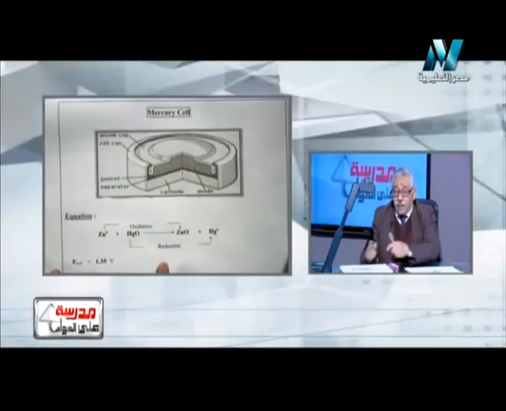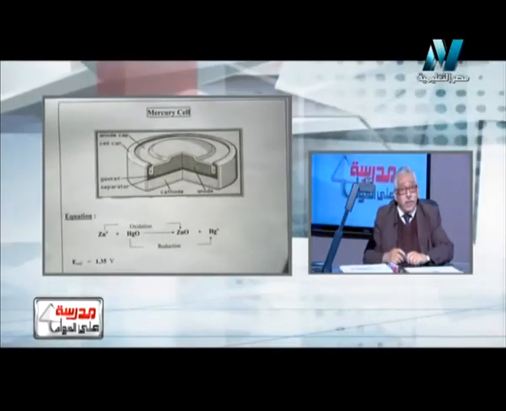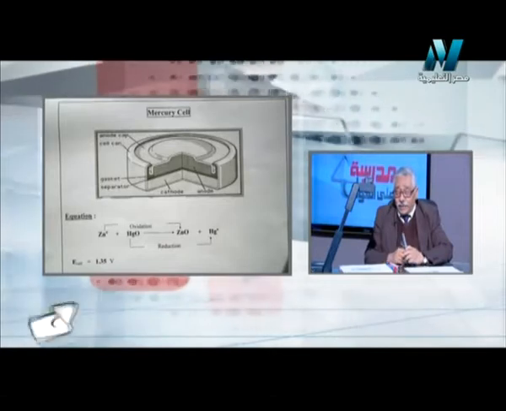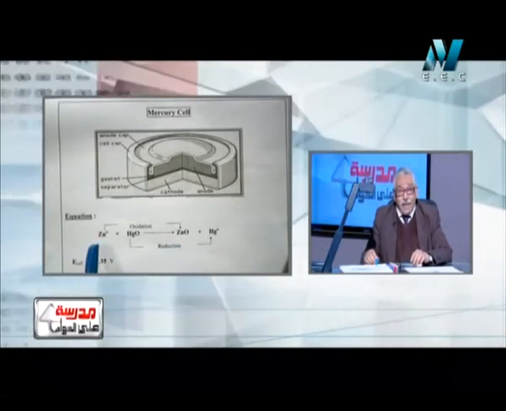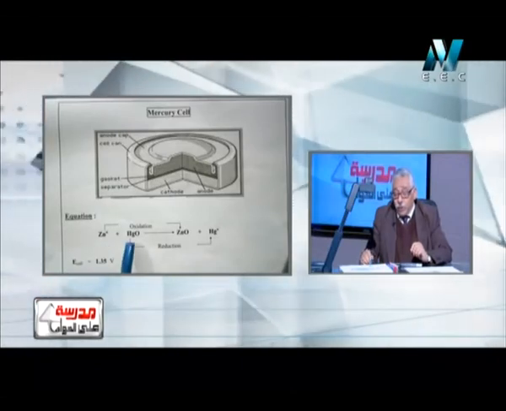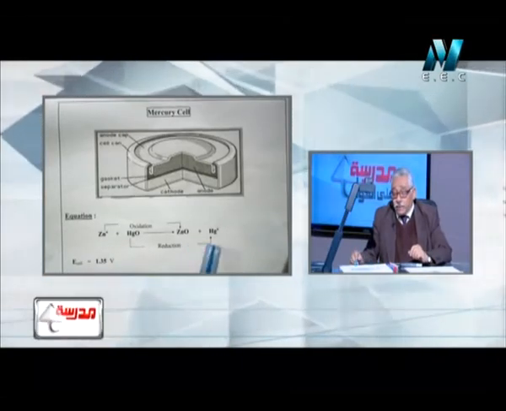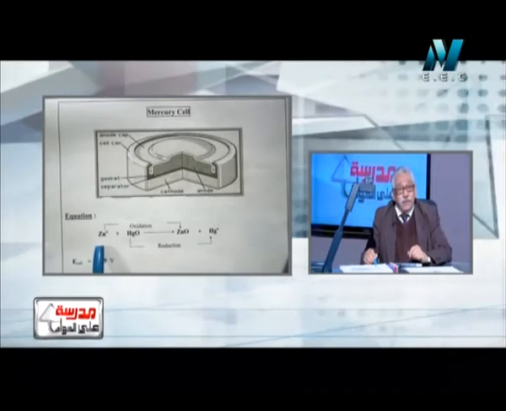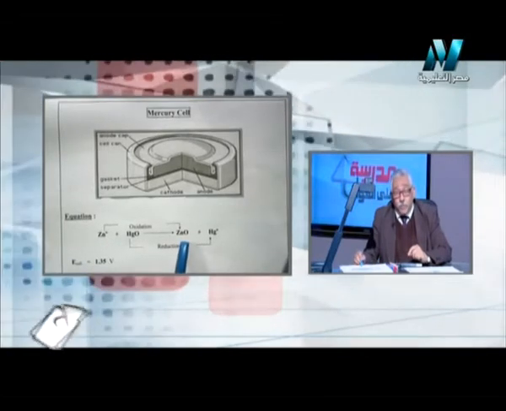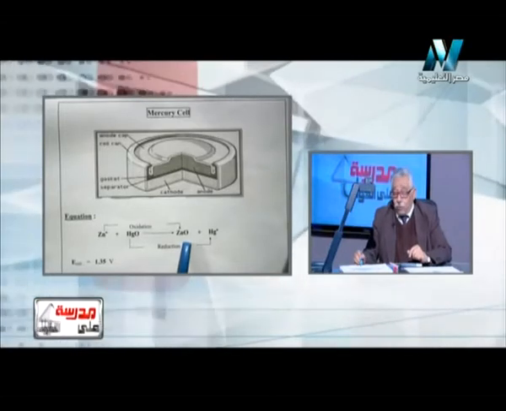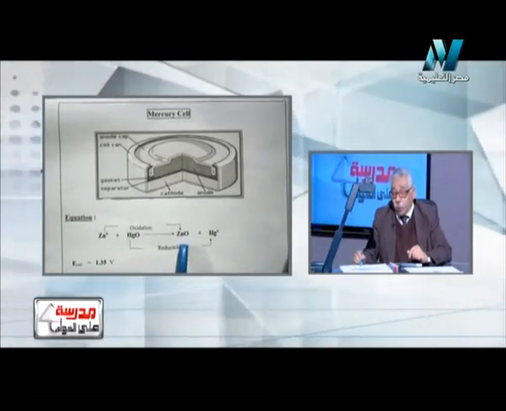What about the equation which occurs in this cell? Zinc is oxidized to zinc oxide. Zn plus HgO gives ZnO plus Hg. Zn0 is oxidized to Zn positive 2, and combined with oxygen to be ZnO.